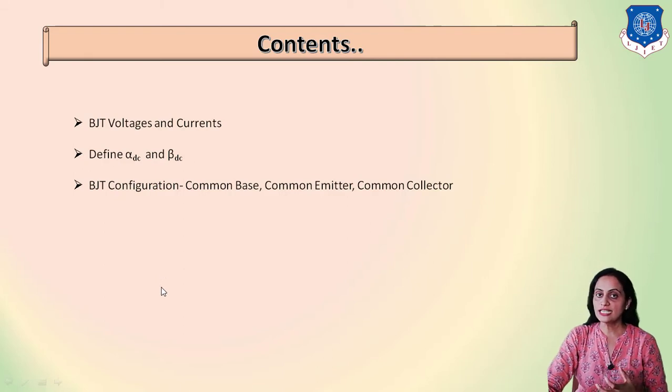As we already saw in the previous video, the BJT is basically a three-terminal device. It has base, emitter and collector terminals. It can be connected in the circuitry in different manners, and based on that we have three configurations: the common base, common emitter and common collector configuration.